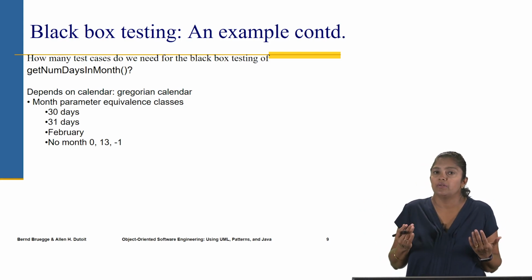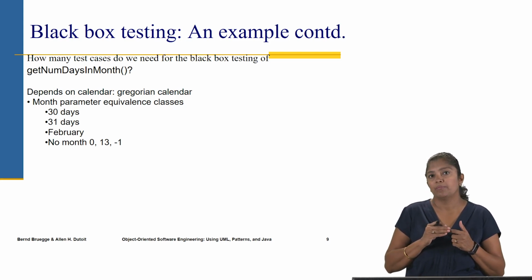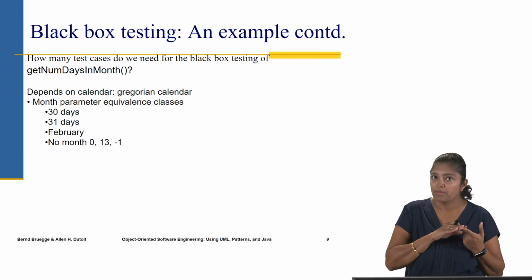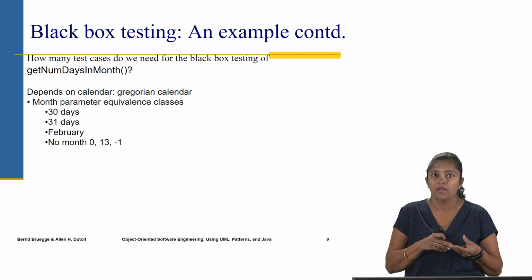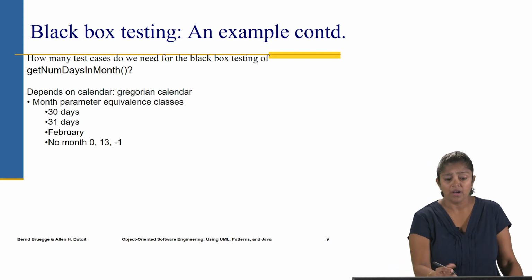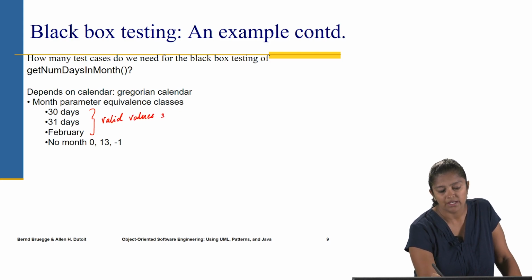But when we are looking at the month, we want to make sure that the method is doing the calculation correctly for the 30-day months, for 31-day months, as well as for February. Those are the three classes from the valid values set.